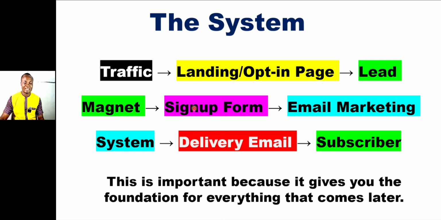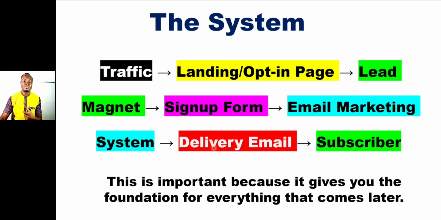And then when they sign up through the sign up form, their details will be entered into your email marketing system. Your email marketing system is going to be the one that will handle the next phase of the funnel, right? So first of all, it's going to send out the delivery email.